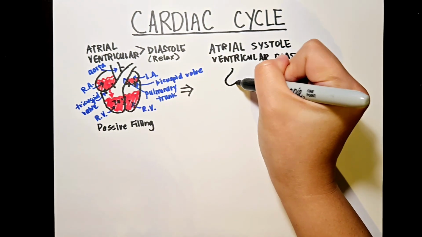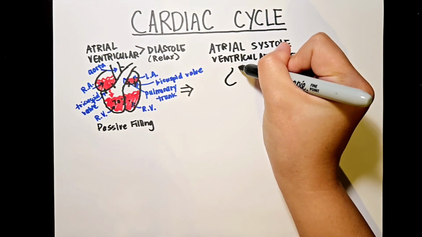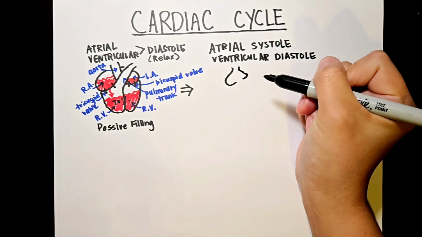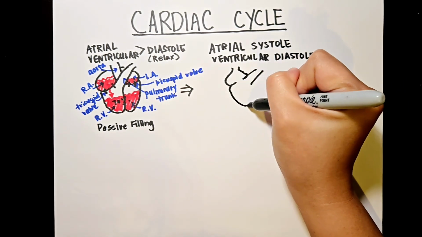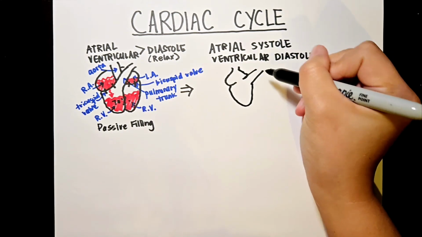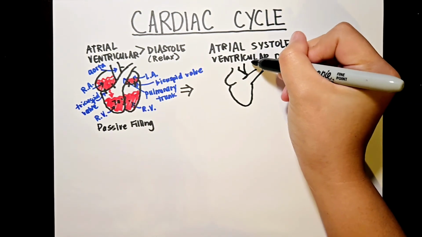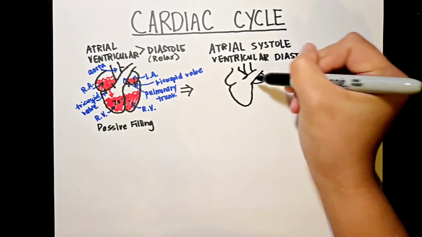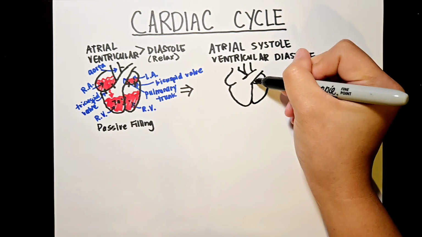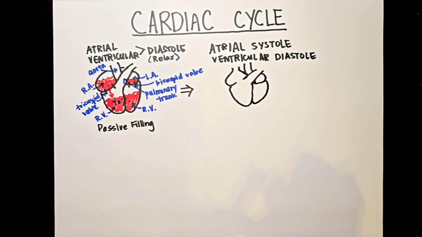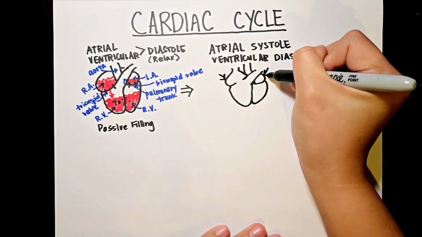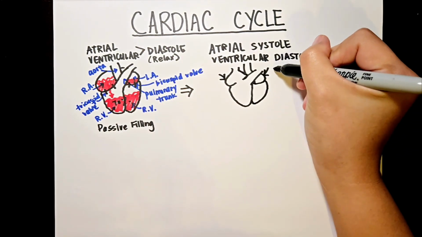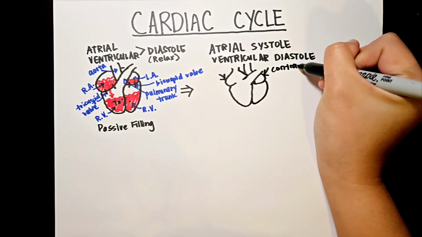So when the atria contract, I'll kind of show it being a little bit smaller. And there's again, the right ventricle, the aorta, left atrium, and left ventricle. So at this point, I'll put arrows like this to show that the atria are being contracted.